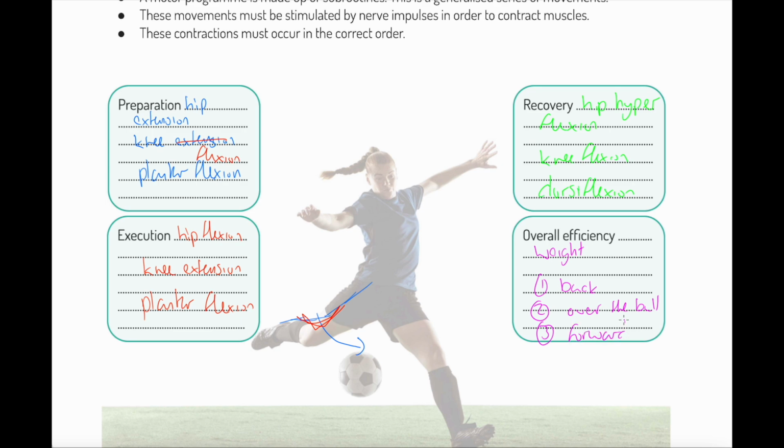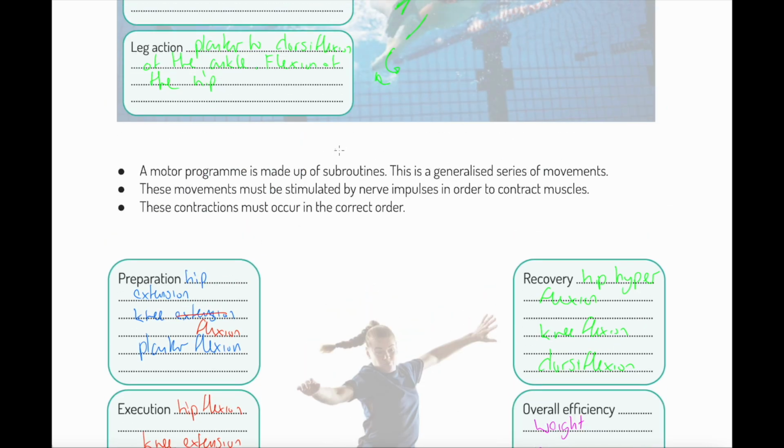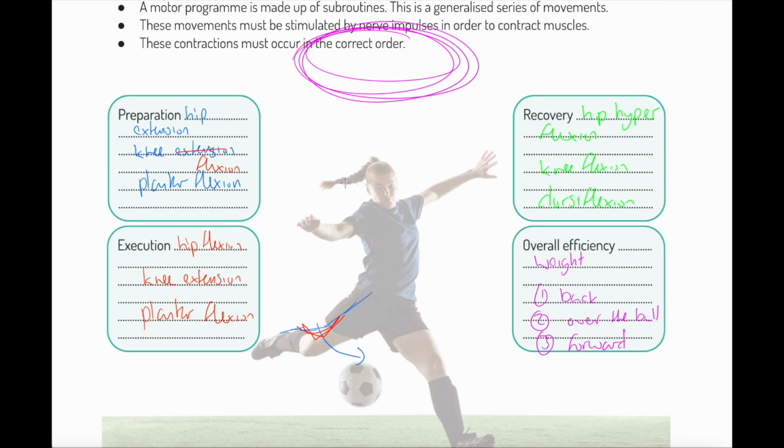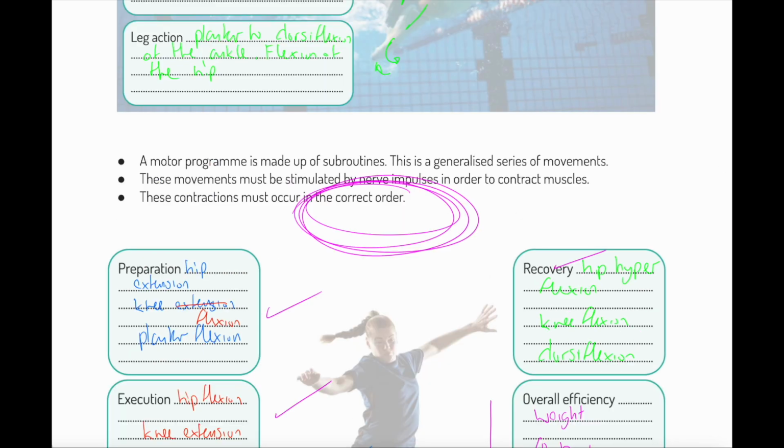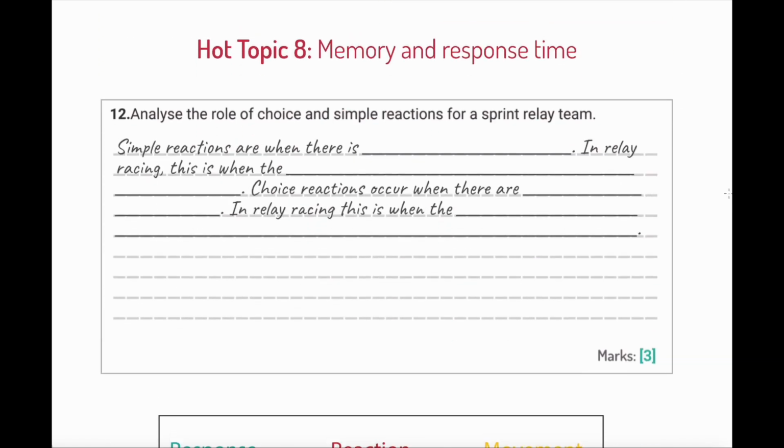Okay, so we've got kind of this weight transfer thing going on. And the point is that all of that stuff, folks, has to happen in a specific order. So we've got an order of 1, 2, 3, and this is kind of happening during that phase, right? It's an efficient movement as we go through that. So that's what we mean by subroutines, and you need to be prepared to have an understanding of those, and we need to apply those to different scenarios.